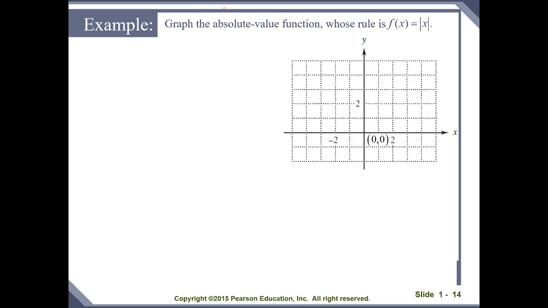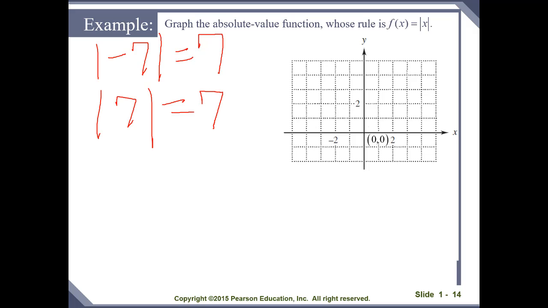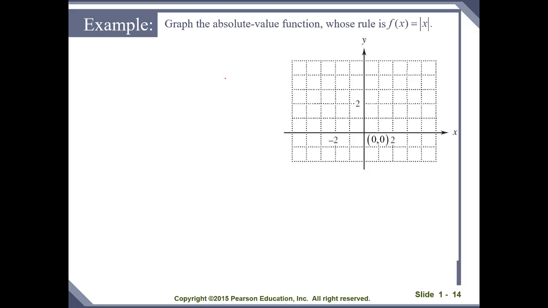So if I wanted to find the absolute value of -7, my answer is going to be 7. If I wanted to find the absolute value of +7, my answer would also be 7. So for absolute value, our answer, whatever's in the absolute value sign, will always be positive when it comes out of those signs.